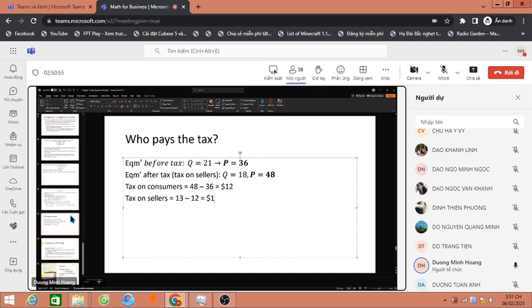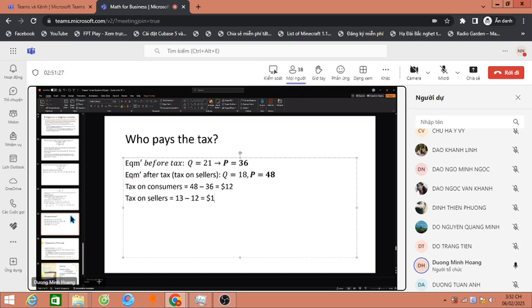How much tax burden consumers have to share depends on how much desire consumers have for that good. If the consumers really want that good, that enables sellers to push the majority of the tax burden to consumers.